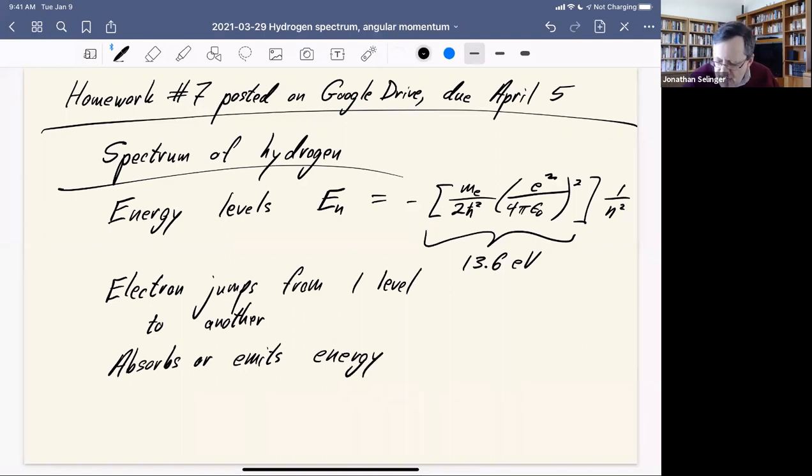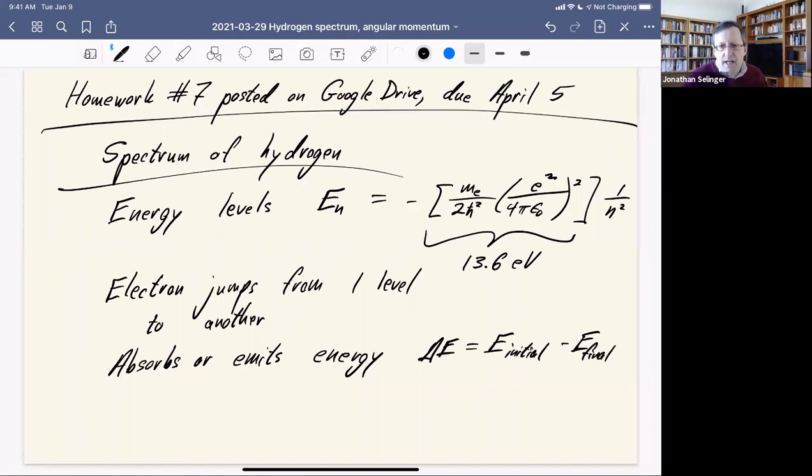So the change in energy is going to be the delta energy. That's the initial minus the final.